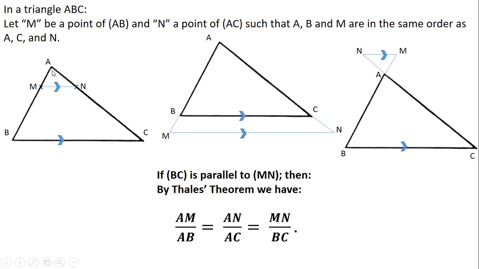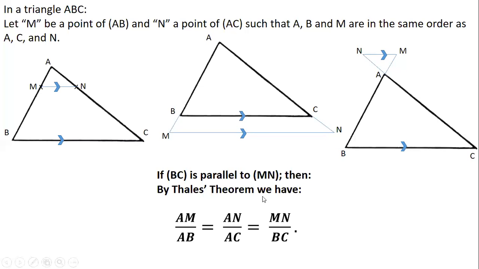Please pay attention, I start from the vertex A. Do you see the vertex A in the first figure? Thales theorem says that AM over AB is equal to AN over AC is equal to MN over BC.